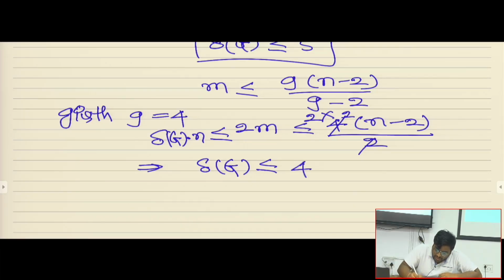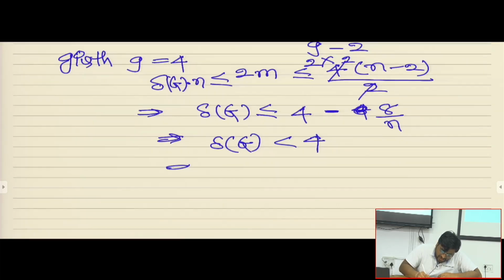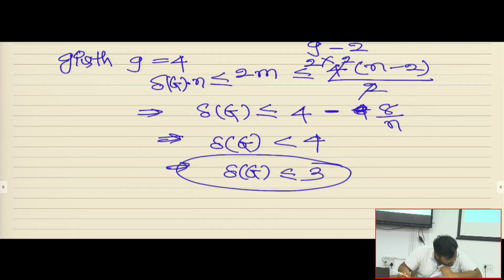So 4 times, 8 by n we have. So from that delta G should be strictly less than 4, and from here delta G should be less than or equal to 3. That is what we have to prove. Okay, and maybe the third part can easily be done from that.